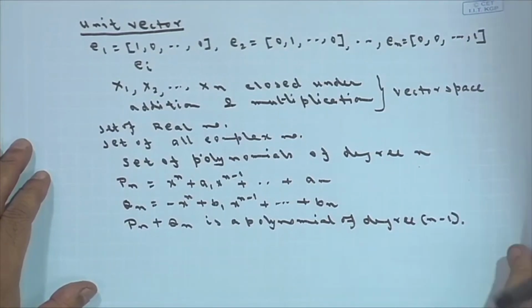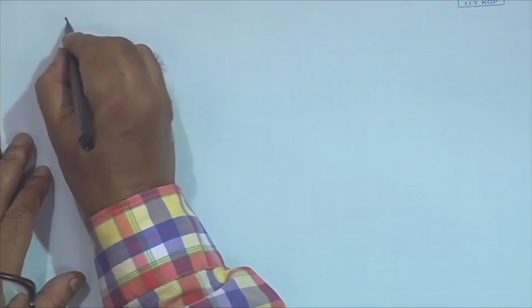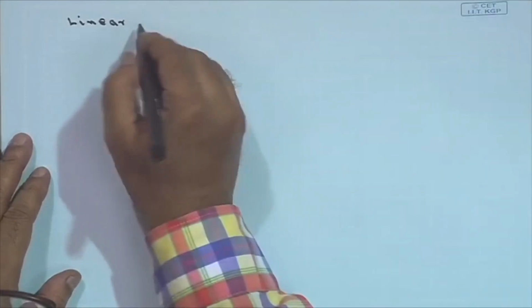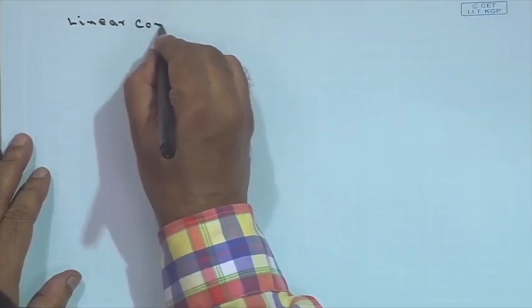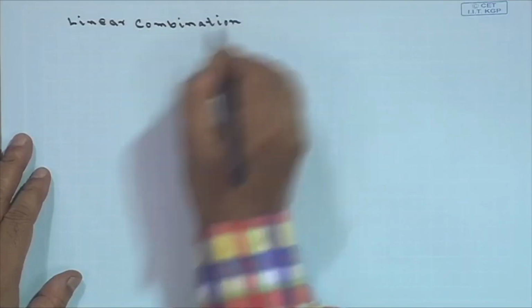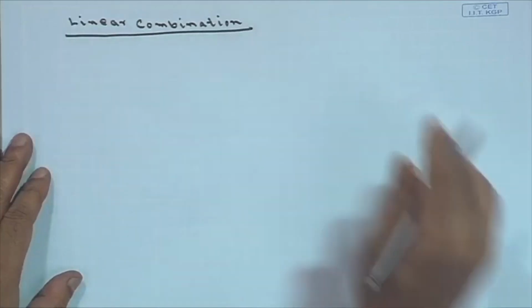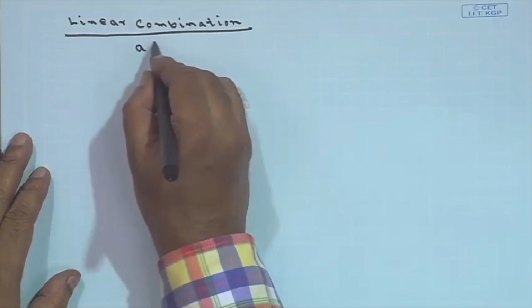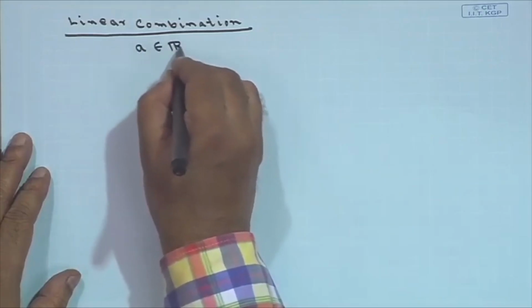Let us go to the next one, that is linear combination, which is very important, as we will be using these parts afterwards. You have a vector A, I am just writing in simple form, belonging to R n.